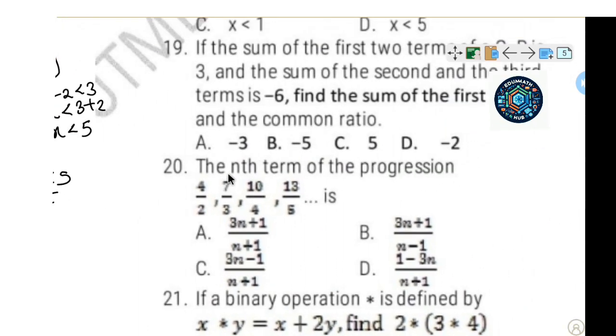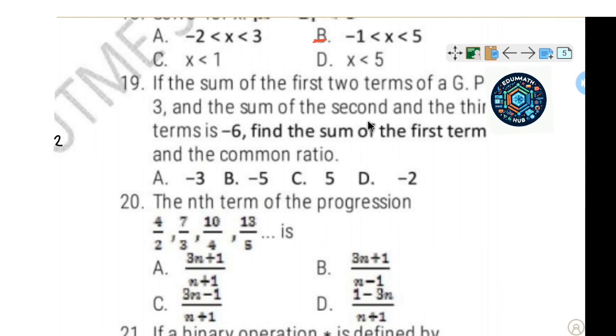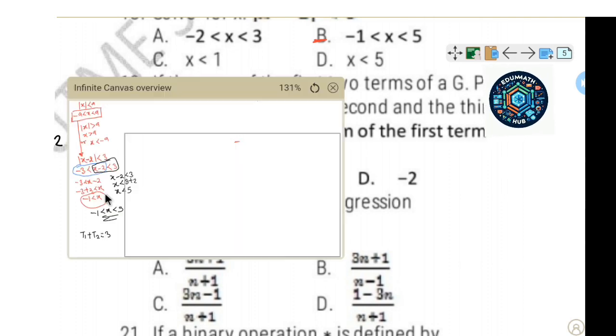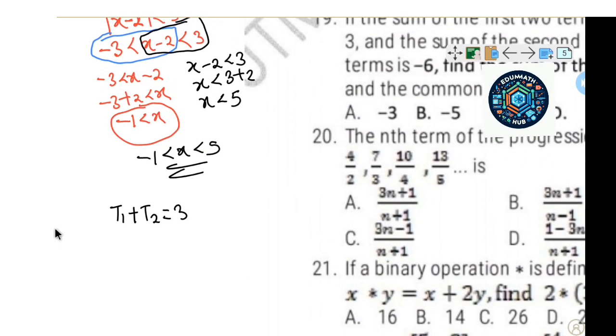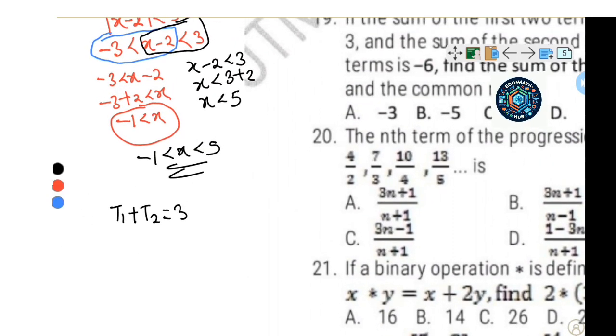Now for the second line, the sum of the second and the third term is minus 6. So T2 plus T3 is minus 6.